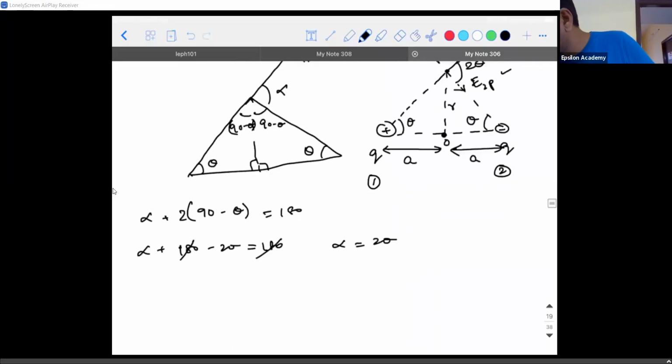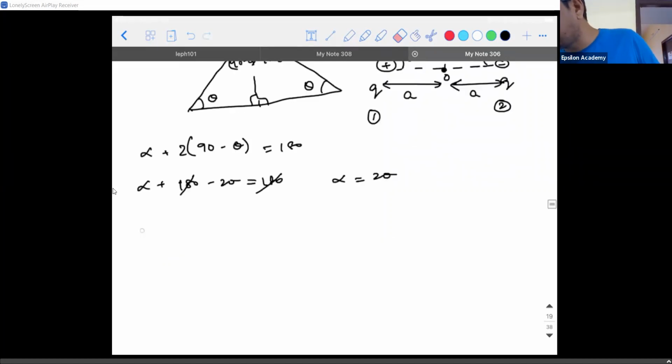So if this is the case, now I'm going to do another activity. What is the electric field due to the first charge at point P in terms of magnitude? Same formula, 1 by 4 pi epsilon naught, charge divided by the distance square.